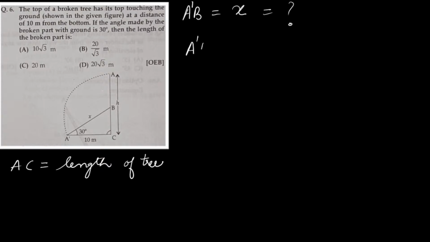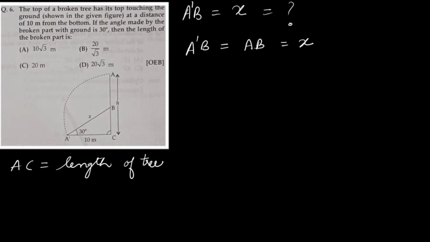But A dash B is equal to AB because this is only the broken part which fell down. So I can write A dash B is equal to AB, which is equal to X.